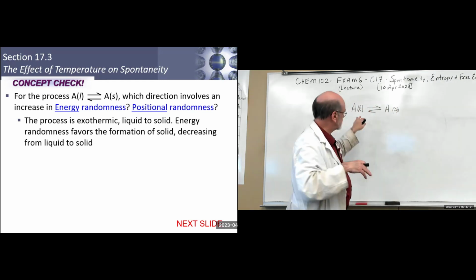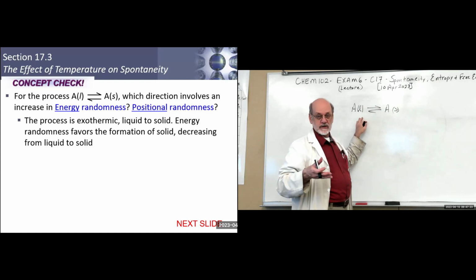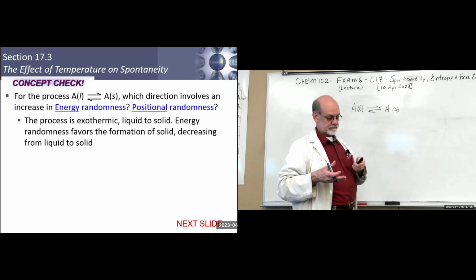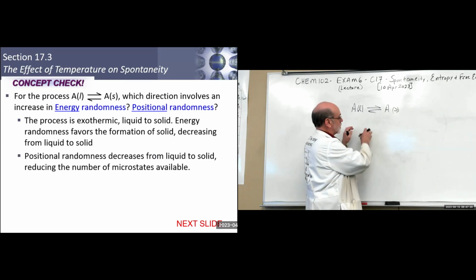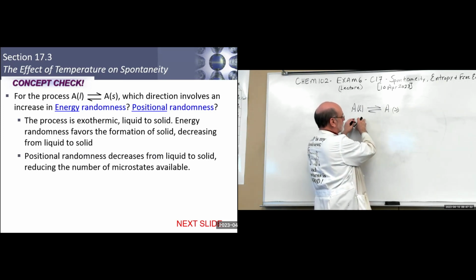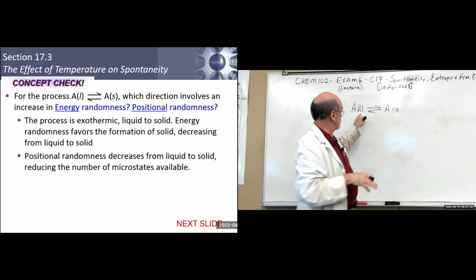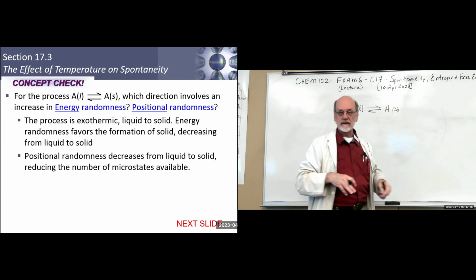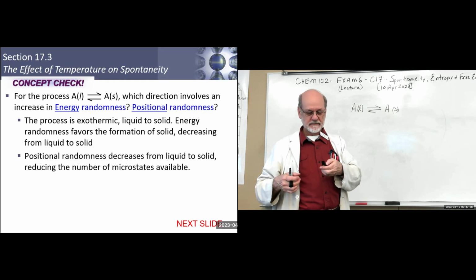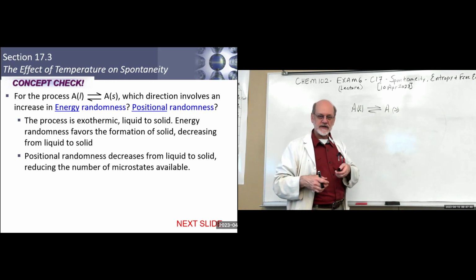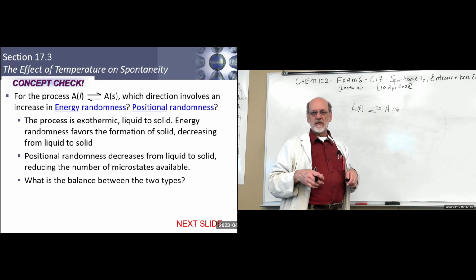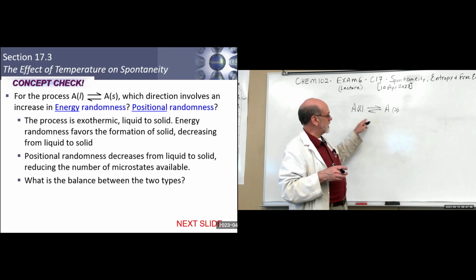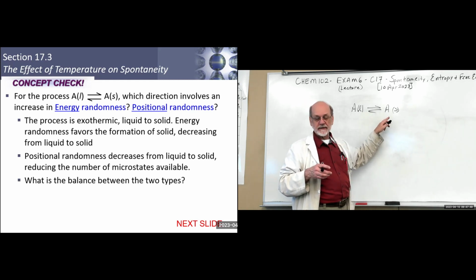So the system would decrease in energy randomness. Positional randomness, though, is also a decrease. You're going from liquid to solid. Right, so you have fewer microstates, and that means that your positional randomness is also decreasing.